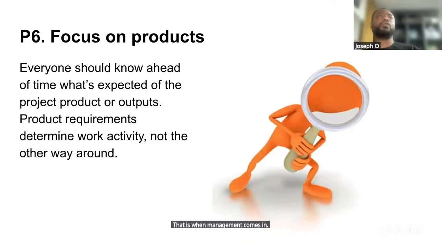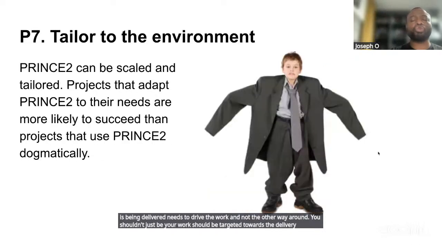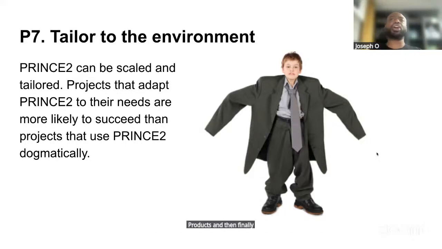And then focus on product. The product, what is being delivered, needs to drive the work and not the other way around. Your work should be targeted towards the delivery of the product. And then finally, tailoring to the environment. Don't follow Prince 2 dogmatically.